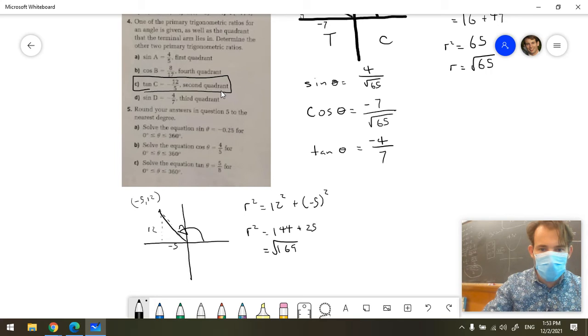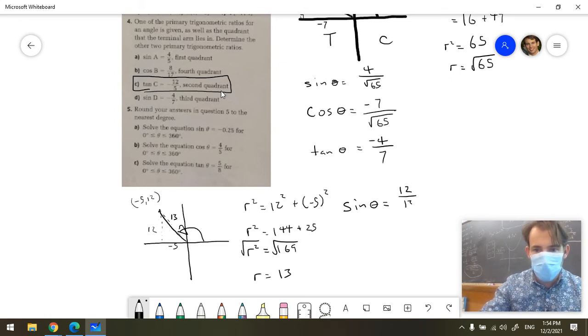The square root of 169, r is equal to 13. That one has an integer radius, so that's 13 there. We're going to need that to find the other two primary trigonometric ratios. Sine theta is equal to 12 over 13, so it's very close to 1 for that angle, and it's positive.